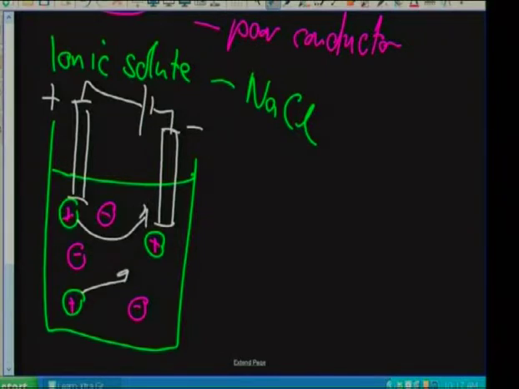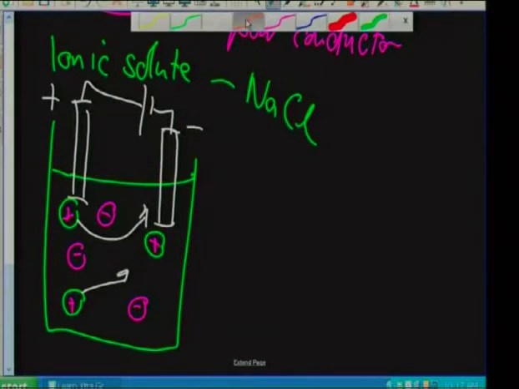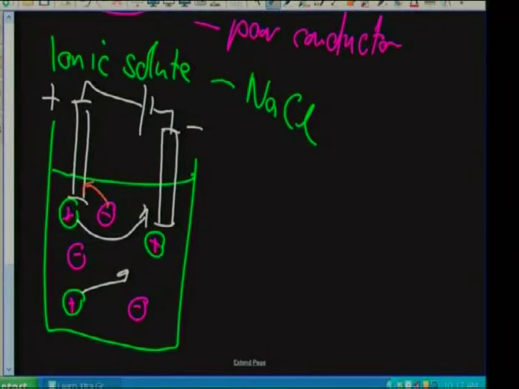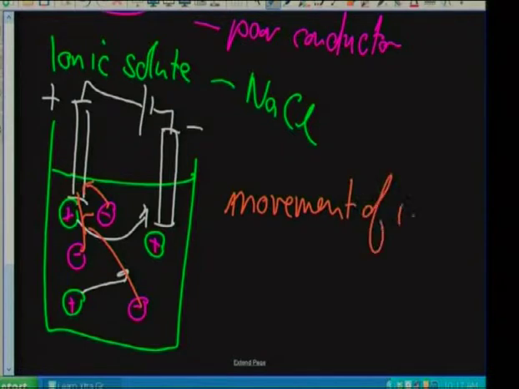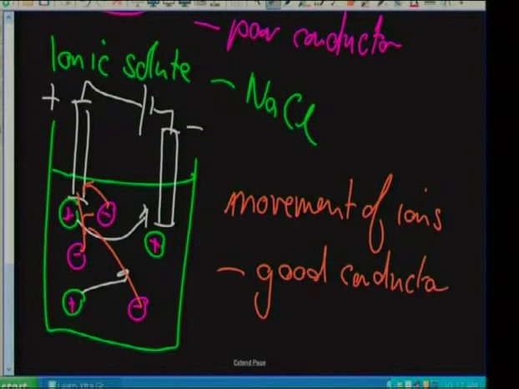The negatively charged particles are going to move towards the positively charged electrode. And so we get this movement of ions. And so we say it's a good conductor of electricity.